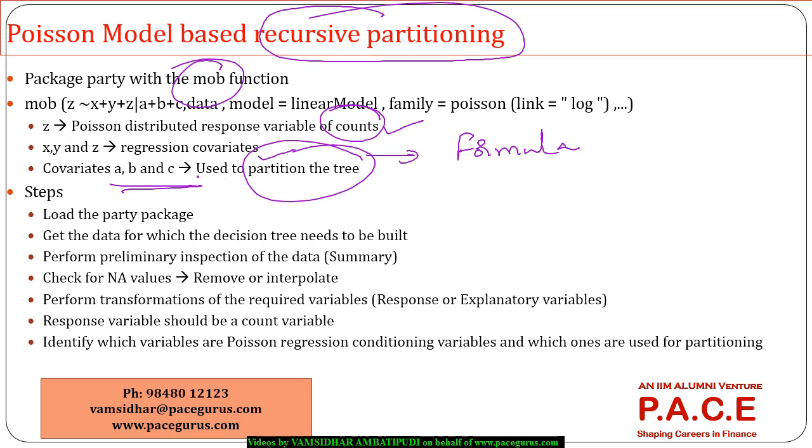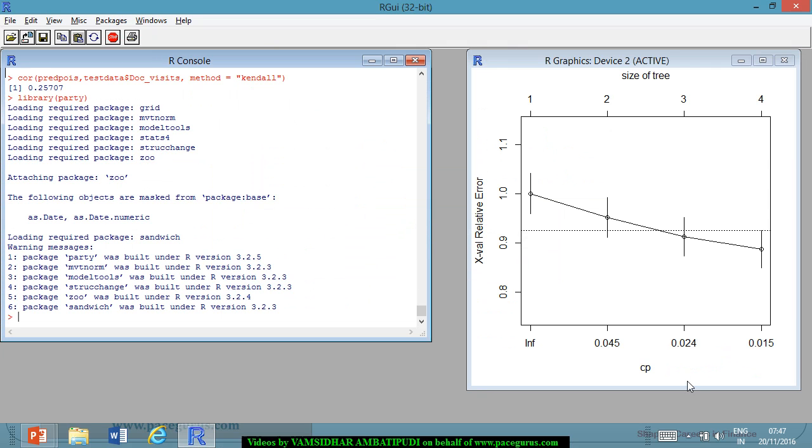Right, all these things are fine. We have loaded the package, we got the data, we have done the preliminary inspections, all this part is taken care of, right? So here identify which variables are conditioning variables and which variables would be used for the splitting purpose. So what I would like to do is the two which I have got, the number of chronic conditions and number of hospital stays.